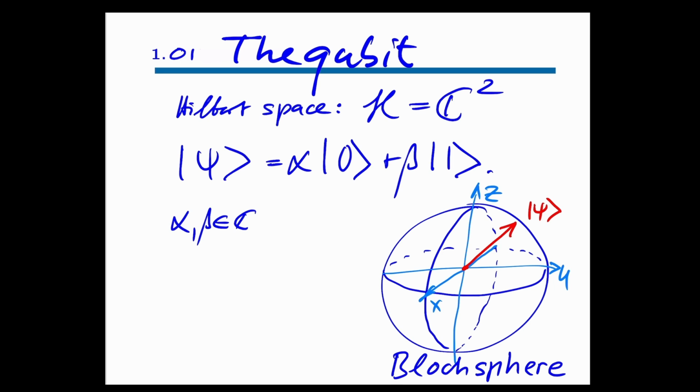And if I didn't already say it, I want to say what a qubit is, because this is kind of our unit of quantum information processing. So a qubit is a state in a two-dimensional Hilbert space. So we have a basis for that Hilbert space. We call these basis states 0 and 1.